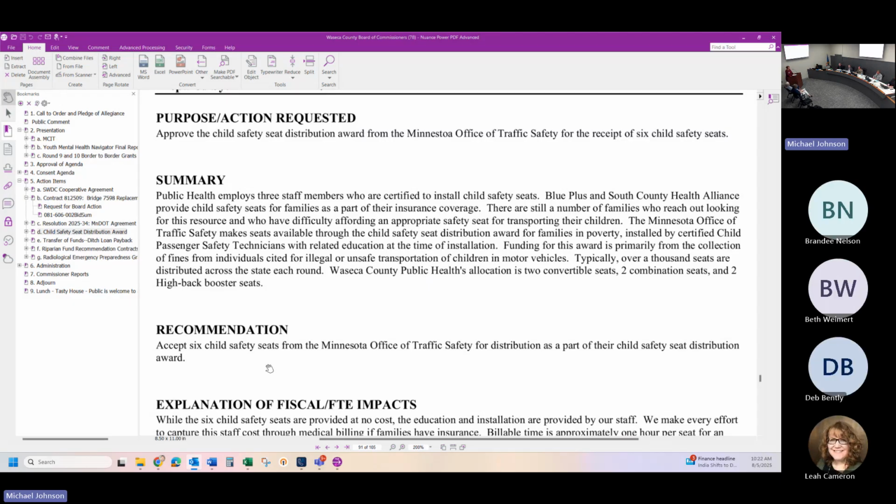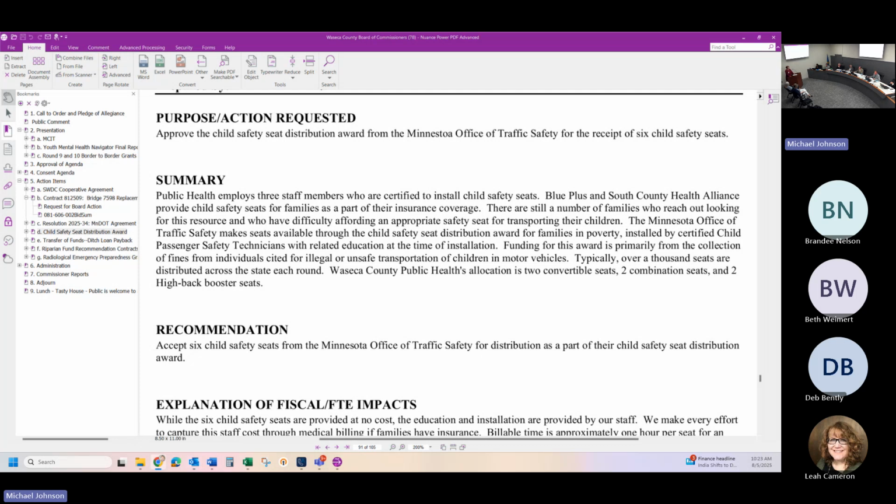Last year, we were asking for 2. Just as a reminder, we do employ 3 staff members certified to install these seats. Most of our child safety seats are Blue Plus and South Country Health Alliance issuance through their medical assistance for families. There are still a number of families that do not have the benefit of medical assistance at the time that they need the seat.